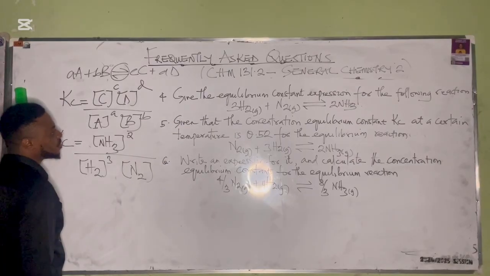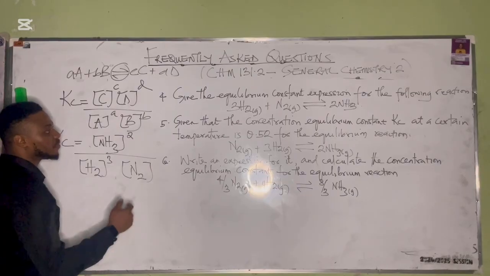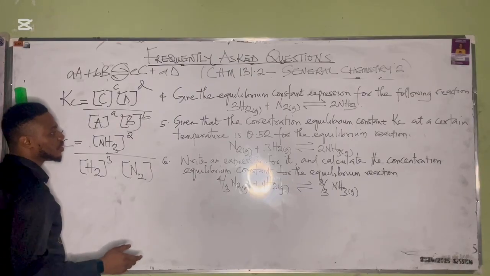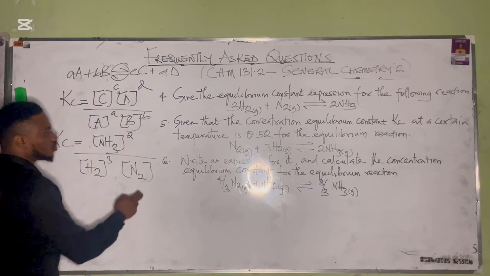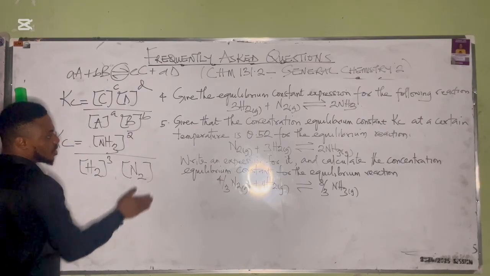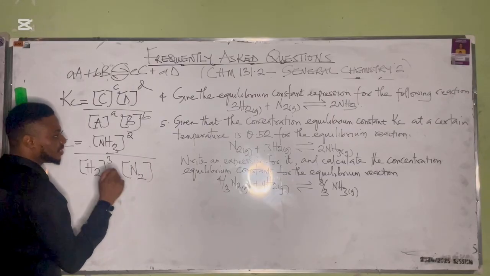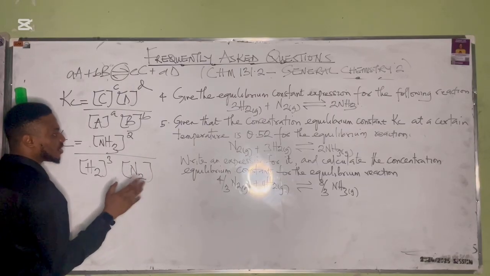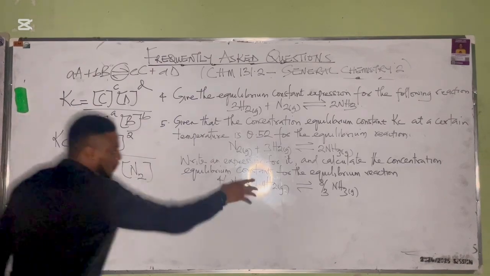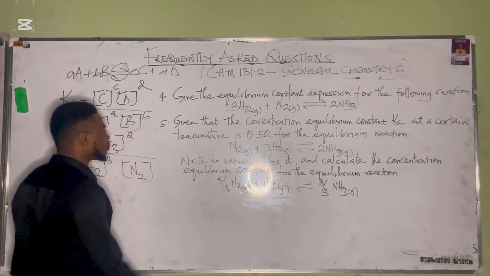Now the next question, given that the concentration equilibrium constant Kc at a certain temperature is 0.52 for the equilibrium reaction, okay, so I think this is a continuation of this. So it's to write an expression for it and calculate the concentration equilibrium constant for the equilibrium reaction below this one. These questions are connected.